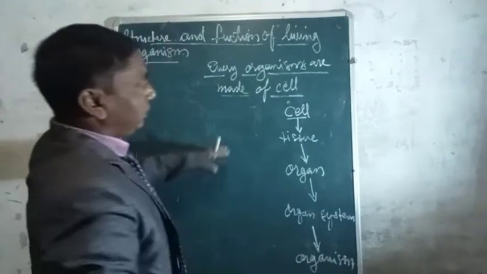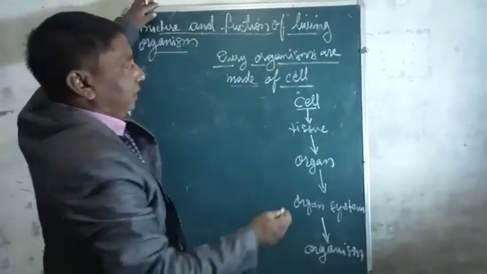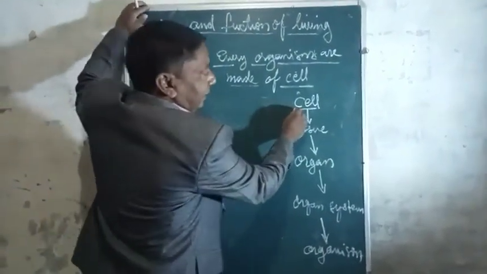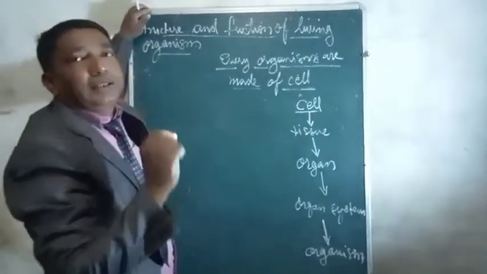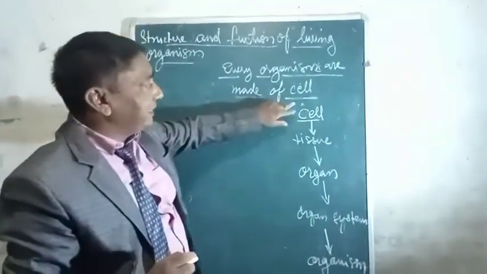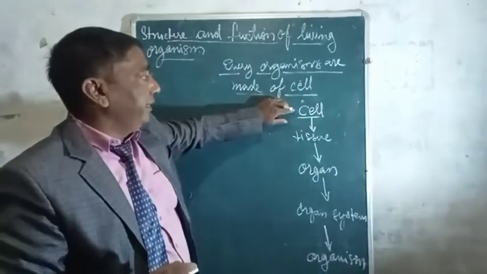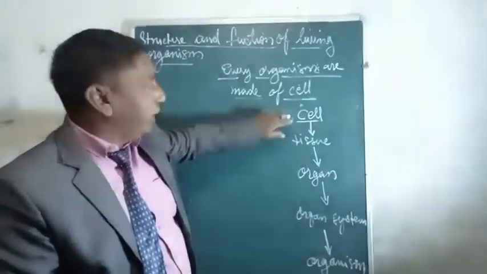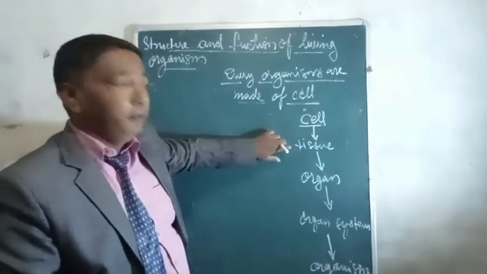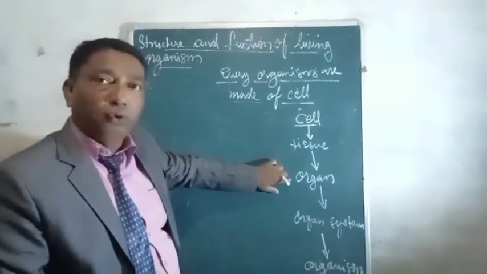Okay? Cell means only one cell I am talking about. Cell is the structural and functional unit of life. And many cells join together to form tissue. Many tissues join together to form an organ.